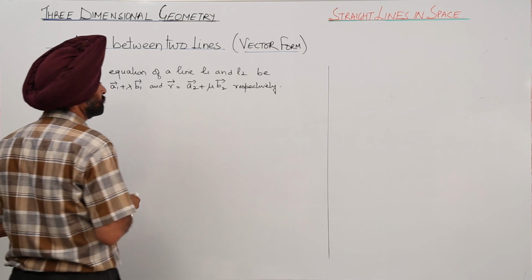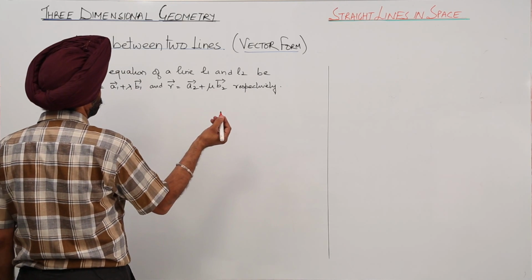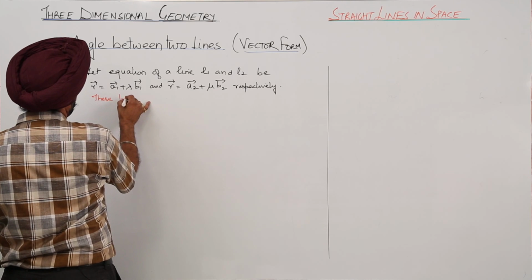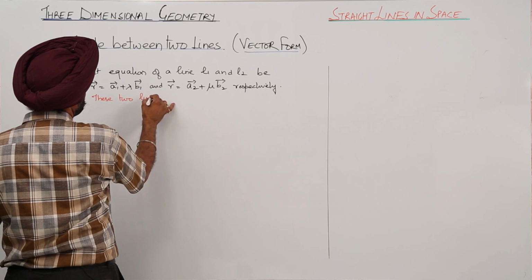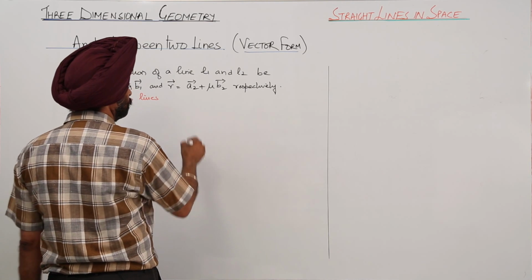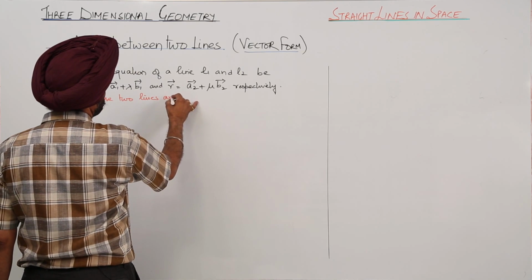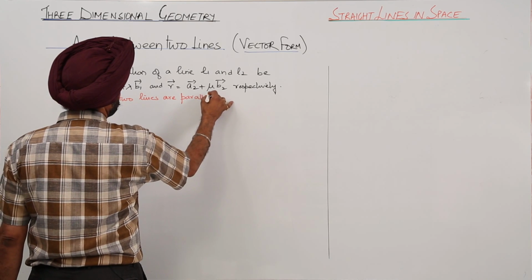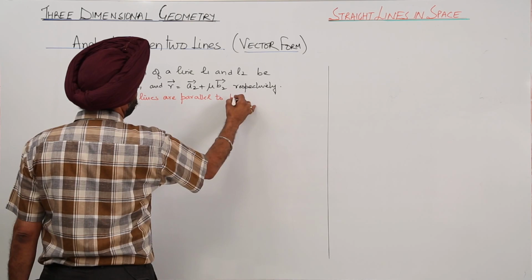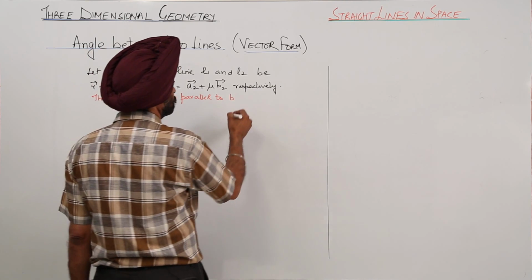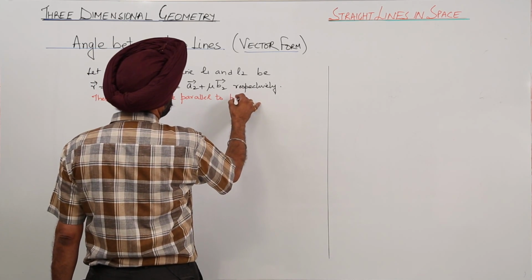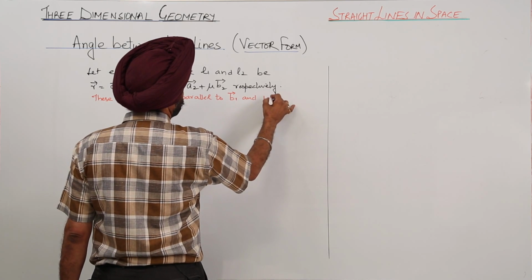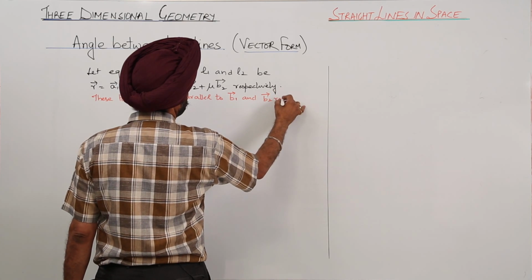Now these two lines are parallel to vector b1 and vector b2 respectively.